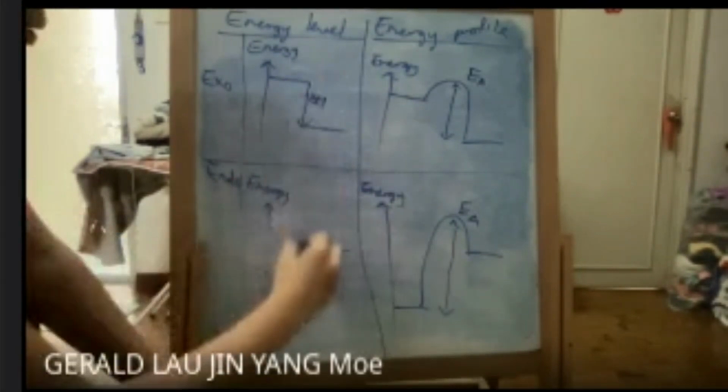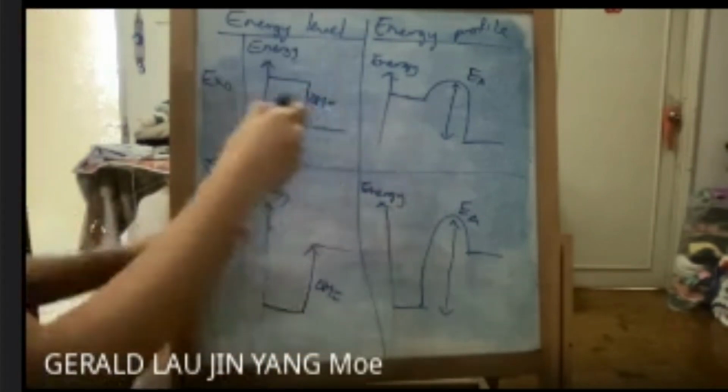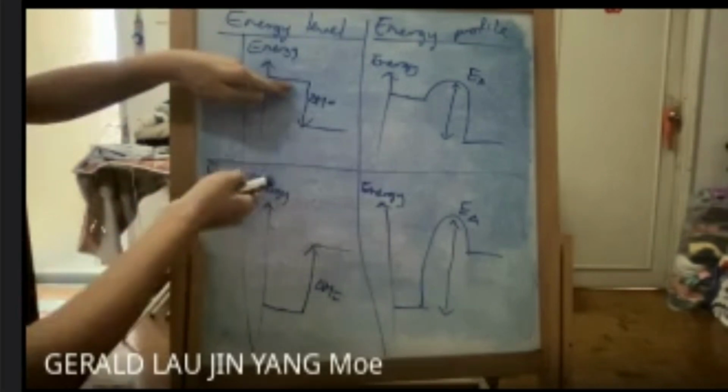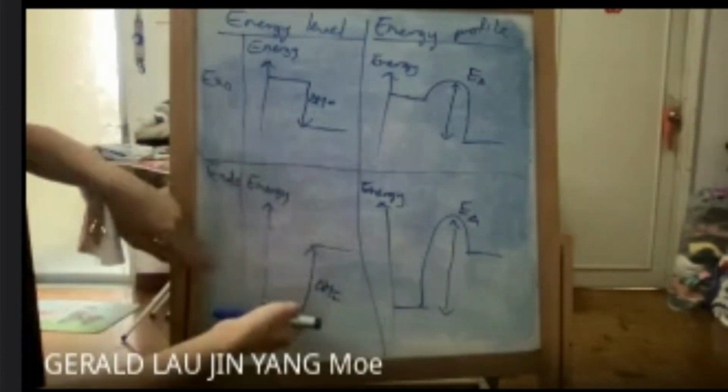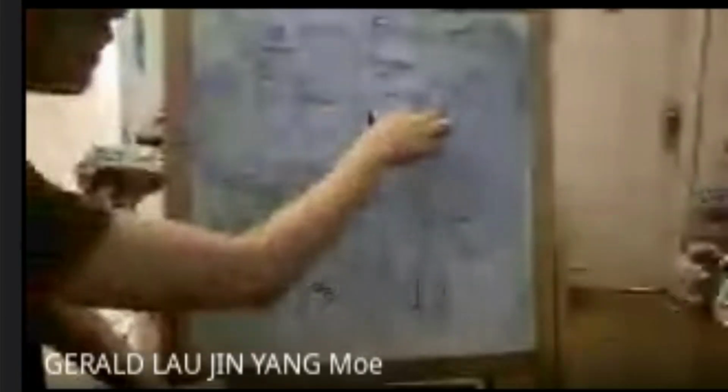But here, the delta H is the difference of energy between the reactant and the product. Difference of energy means the heat absorbed or released.